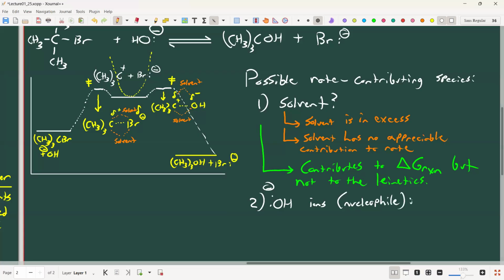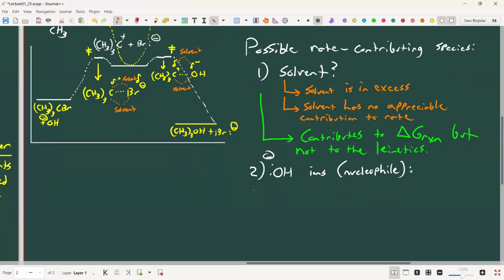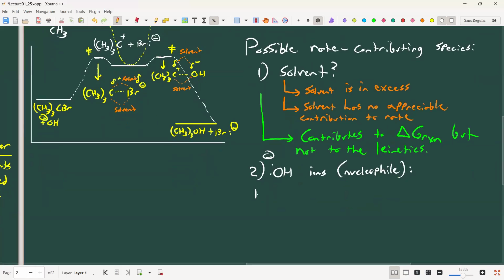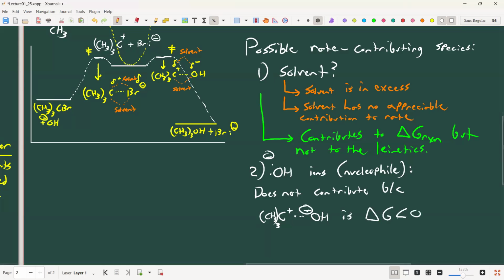But this does not matter, because the reaction of the cation with OH minus is energetically favorable and, in polar solvents, barrierless.